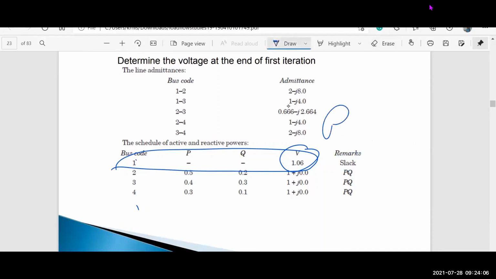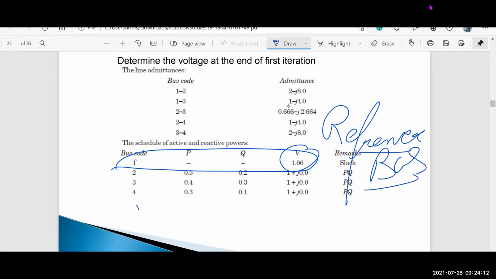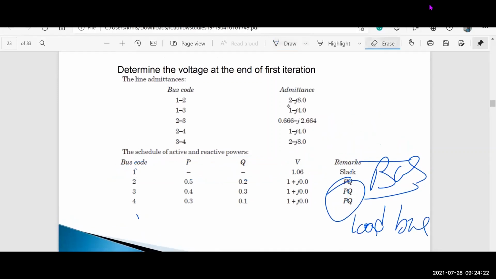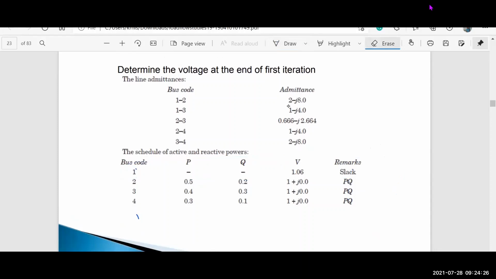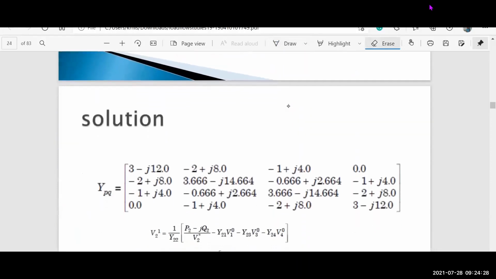And all three others are PQ buses, meaning load buses. All are getting load, only one is being injected. Only one of the generators is being considered now.